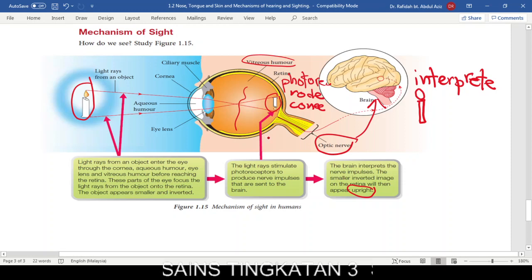Please answer all the questions in the activity books, starting from the front page until this subtopic, mechanism of sight.